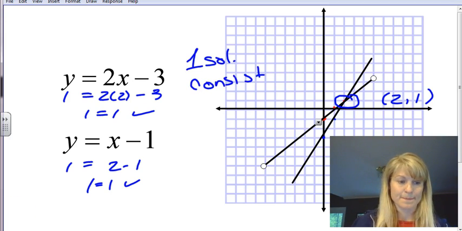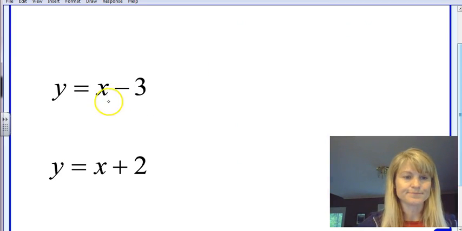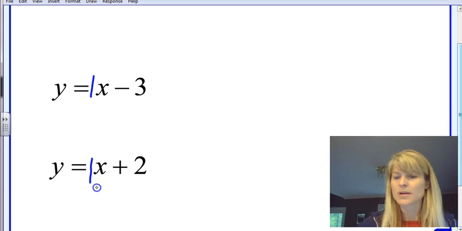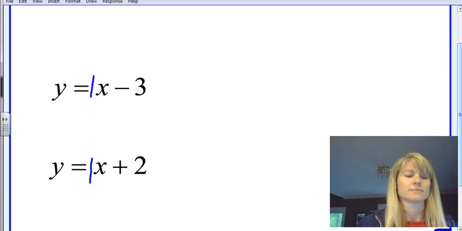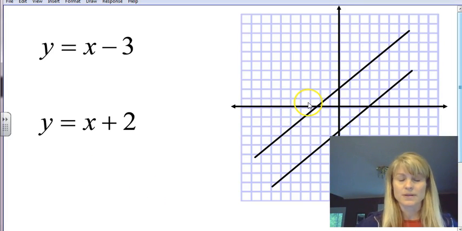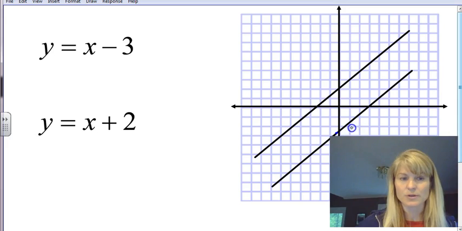If we look at this equation, my slope is 1, and my slope is 1, so it should tell me something about the type of lines. What do you think it is? When I graph these, this has a y-intercept of -3, and it goes up 1 over 1. This has a y-intercept of 2, and it goes up 1 over 1. These are parallel lines. So the idea of systems of equations is how many solutions do they share?